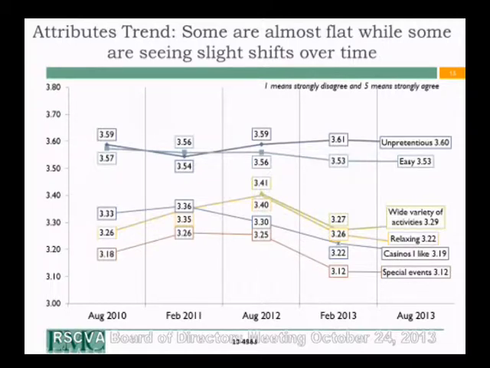Is relaxing also had a peak and then dropped a little bit. Has casinos I like has been strong, but is a little bit of a sloping line downward. Special events, has a lot of special events, is also sloping a little bit downward.